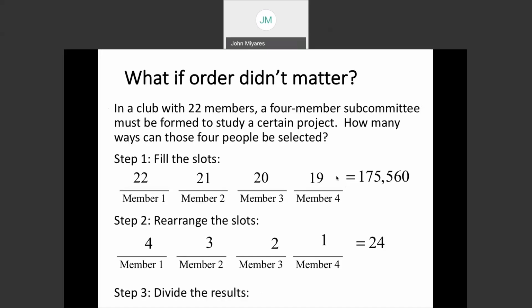We'll take the answer from step 1, the 175,560 ways that the people could fill the slots to begin with, and then divide that by 24 to get 7,315. This is the number of unique groups of 4 people that can be chosen from the group of 22 to form this subcommittee, knowing that there are no specific roles on this subcommittee.